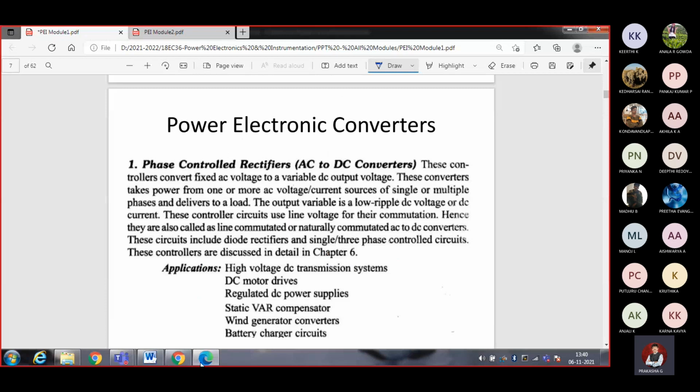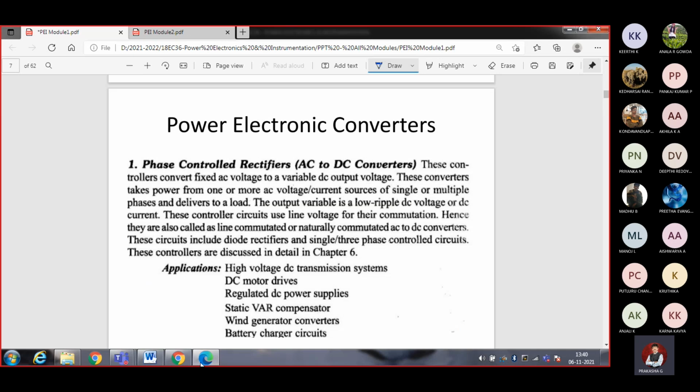Phase control rectifier, that is AC to DC. And here also it's given in only one slide. You should explain them in detail: what I mean by phase control rectifier, how exactly the phase will be controlled, everything in detail with a suitable diagram.